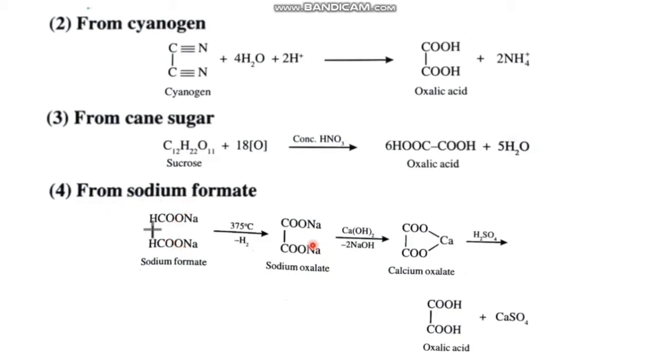Sodium formate is heated at about 375 degrees Celsius to get sodium oxalate. This is converted to calcium oxalate on treatment with calcium hydroxide, followed by acidification with dilute sulfuric acid. We get oxalic acid in solution. This solution is concentrated and cooled to get crystals of oxalic acid.